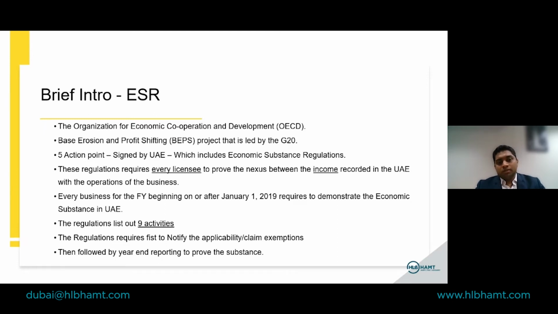The UAE was blacklisted in 2018, and to come out, it had to sign up to 5 action points of BEPS, ESR being one of them. So what is this ESR?